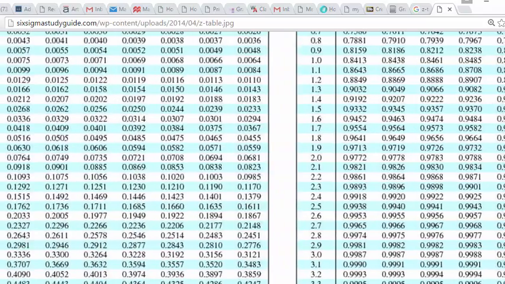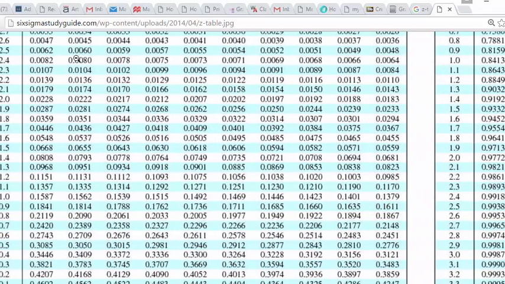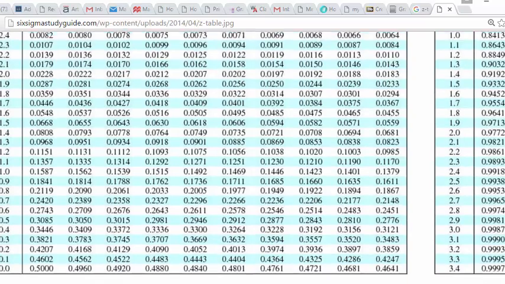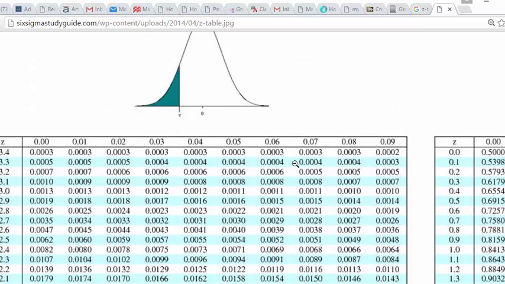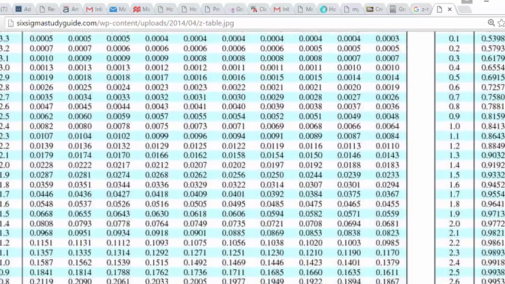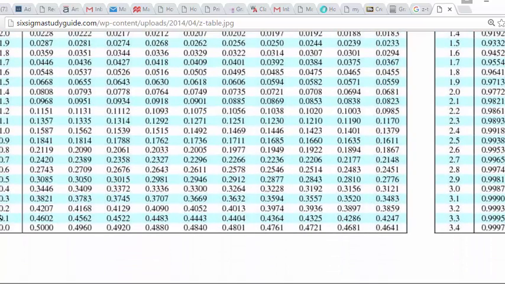Since your number is negative 0.2, that is going to be somewhere here, right here, and you're looking now at the column that starts with 0.08. So let's find the corresponding value for negative 0.28. The corresponding value is right here.